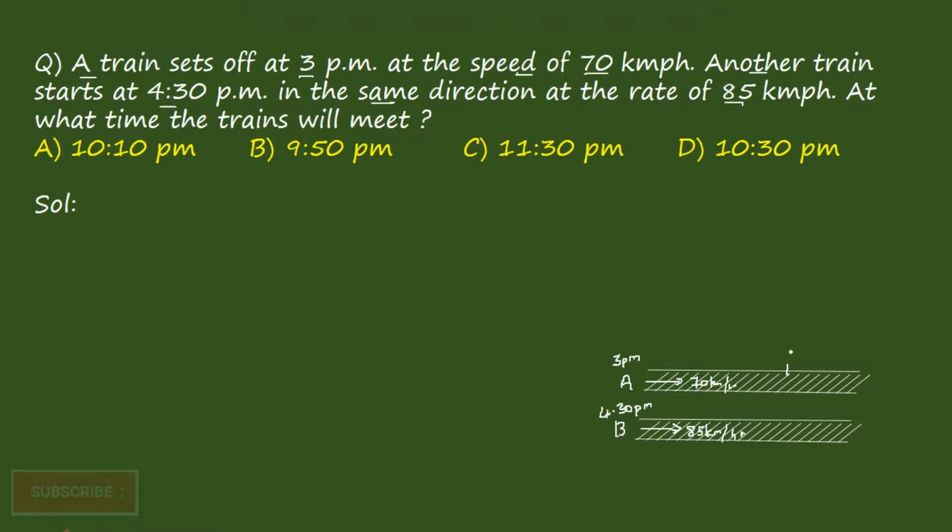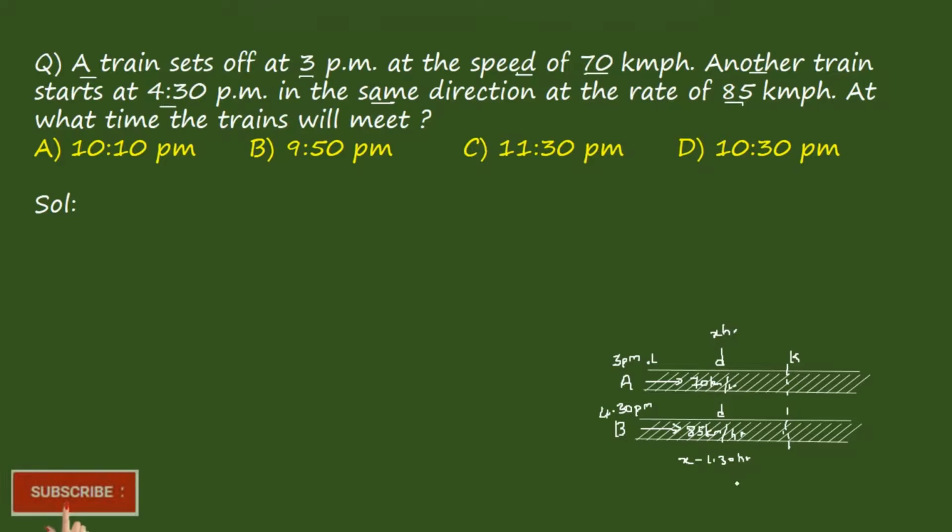If you consider point K, where both the trains will meet, and point L as the starting point, the distance traveled by A from L to K is considered as D. Then B also moves a distance of D only. If A takes X hours, then B would be taking 1.30 hours less than A, so it becomes X minus 1.30 hours.